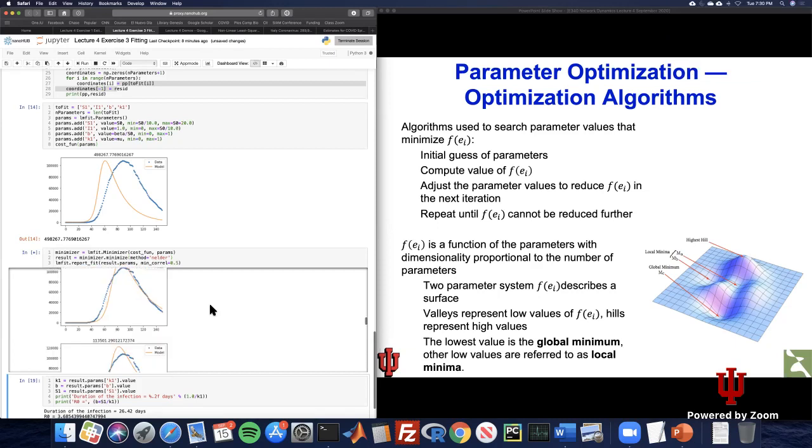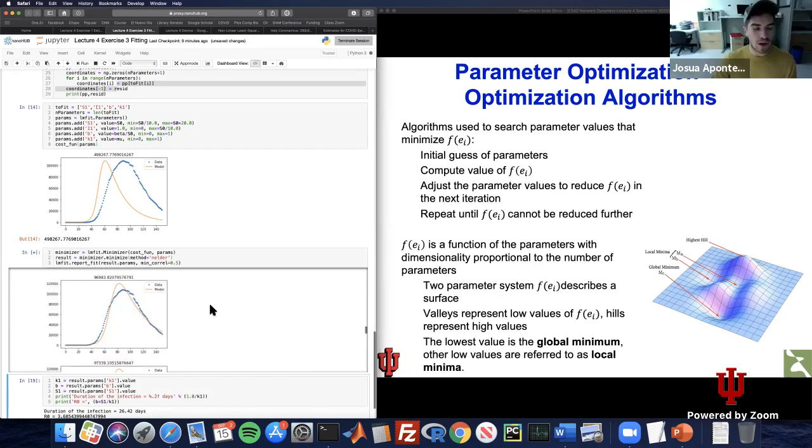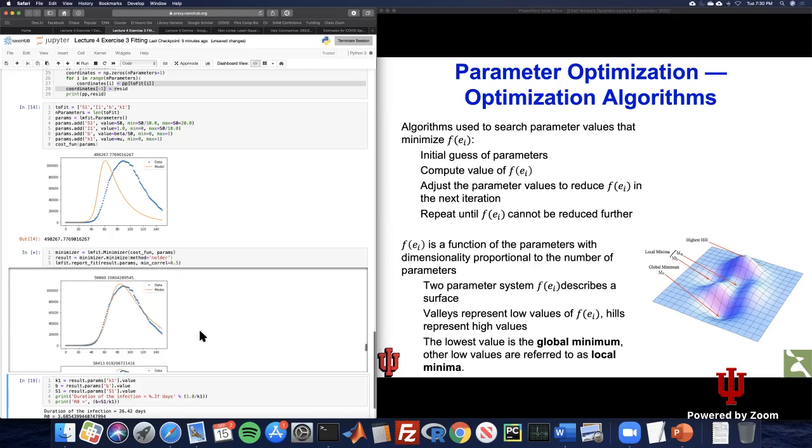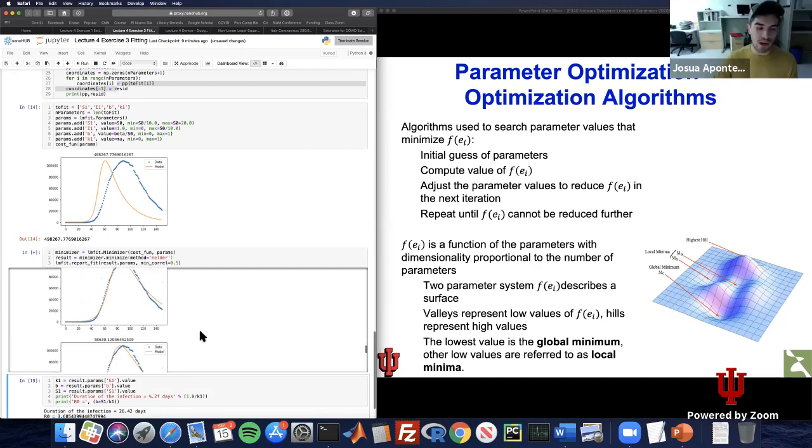It's gonna take a little bit for it to find it, but it keeps going and going. And you guys can see that by now it's getting really close.